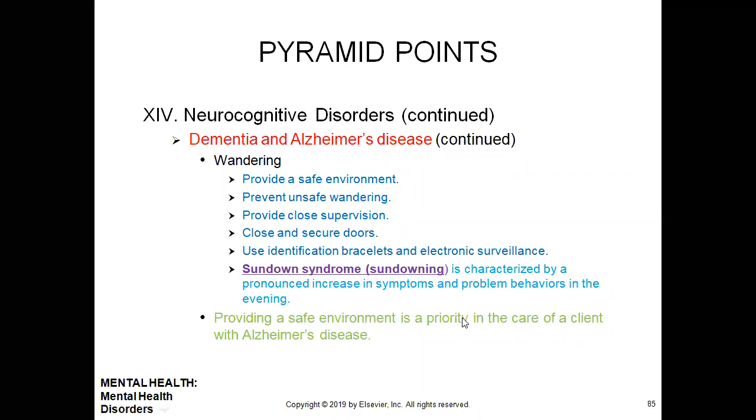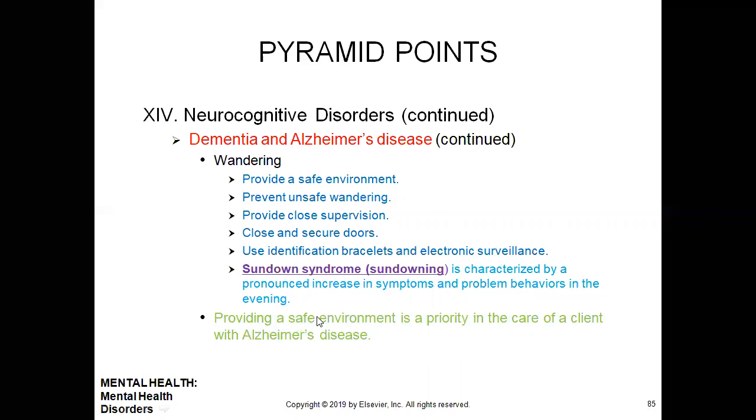One of the syndromes is called sundown syndrome. What is sundown syndrome? Sundown syndrome is characterized by a pronounced increase in symptoms and problems in the evening. So when the problems increase at sundown, it's called sundown syndrome.